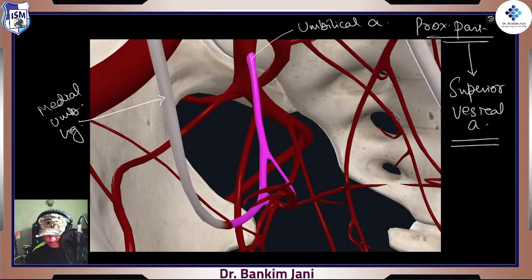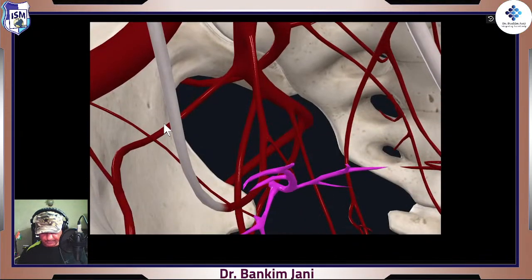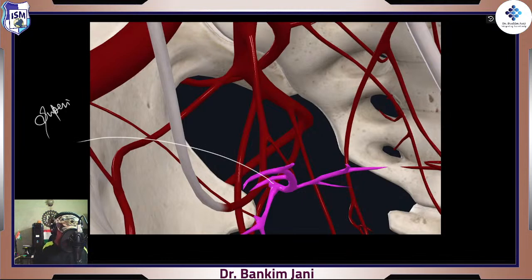Here it is. We'll see it next. See, that's the superior vesical artery. Now, this superior vesical artery is giving a visceral branch to nearby structures.